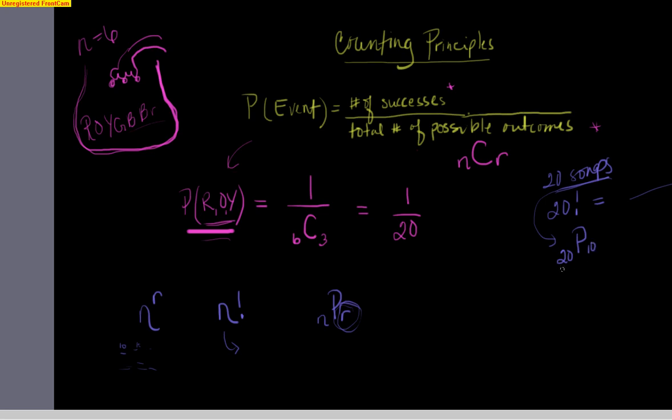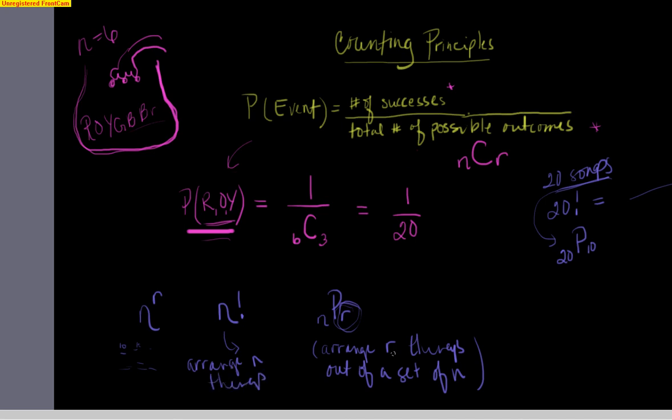I can do that with 20P10. So that's the arrangements. Arrange r things out of a set of n, whereas this is arrange n things, for lack of a better word.